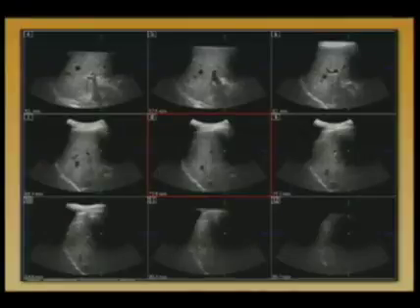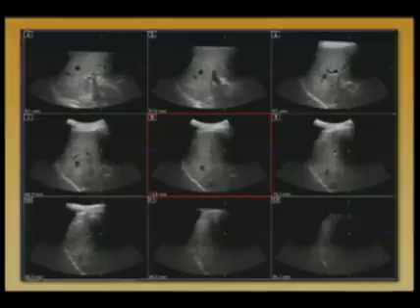And this was illustrated to me in this case. This happens to be my own liver. And what I did was take a 3D volume. I happened to know at that point that I had a small hemangioma in my right lobe, and I wanted to see if acquiring a volume just randomly in the right lobe and then slicing up the volume, I wanted to know if I'd be able to see that.